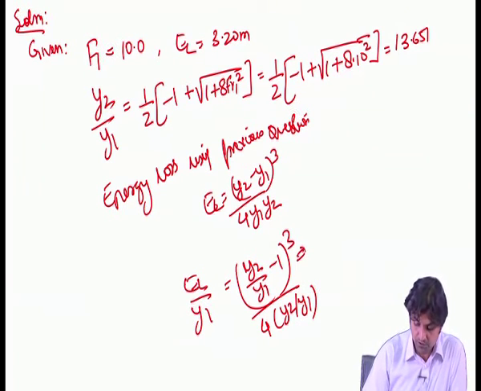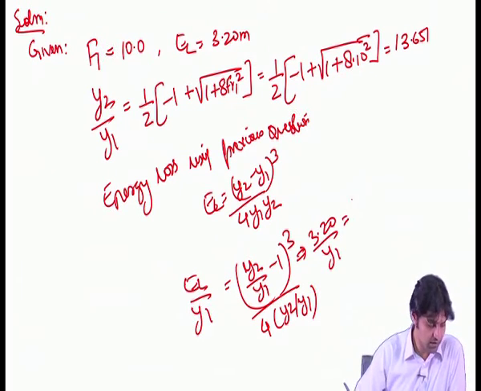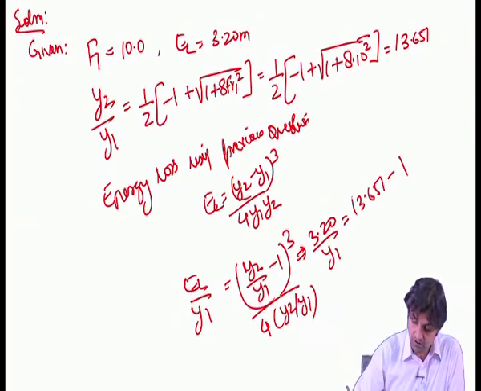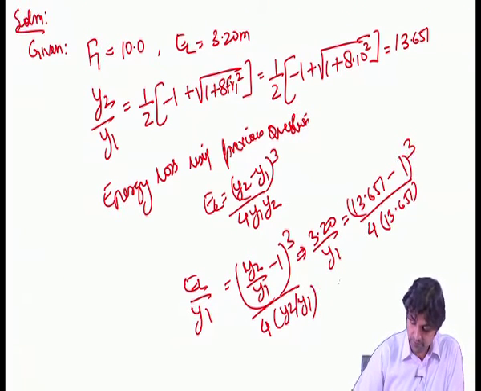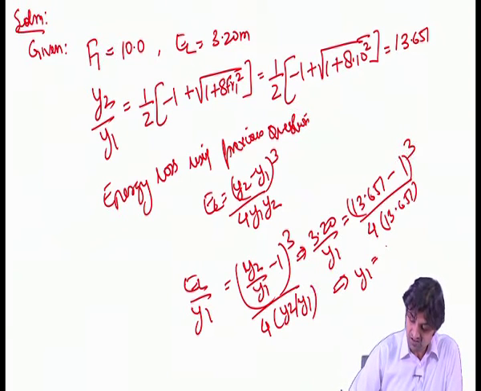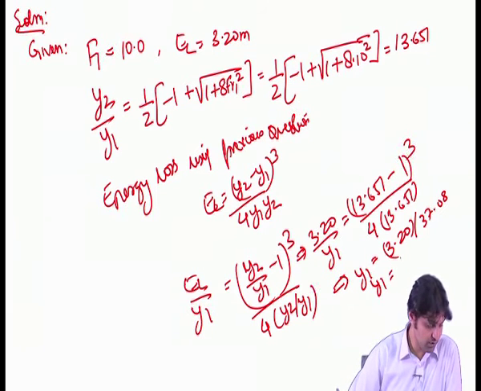So EL we know is 3.20, divided by y1 will be (13.651 minus 1) whole cube divided by 4 into 13.651, and on solving this, y1 is going to be 3.20 divided by 37.08, which implies y1 is going to be 0.0863 meter.